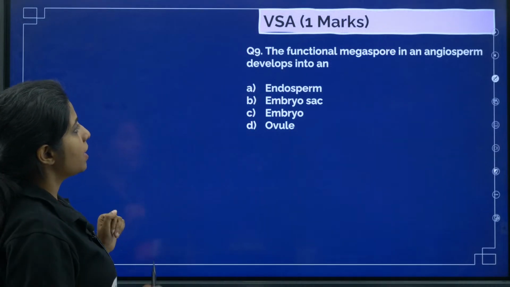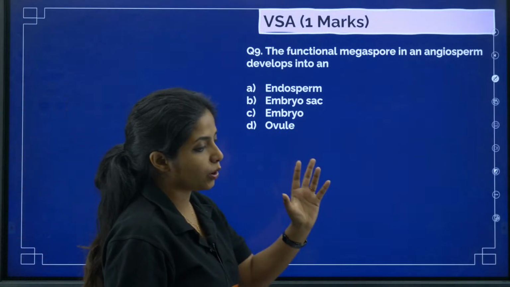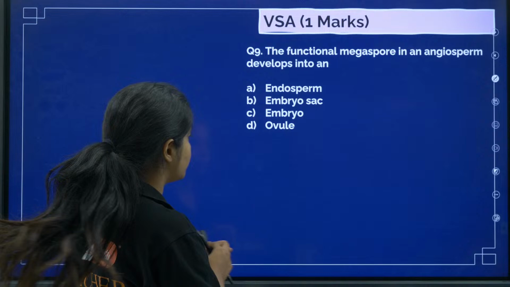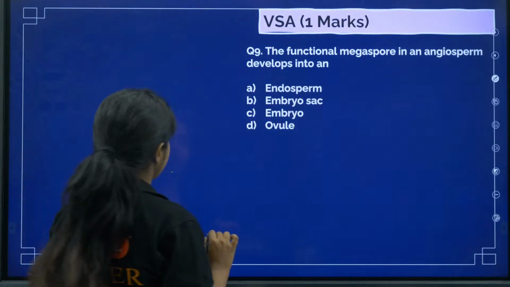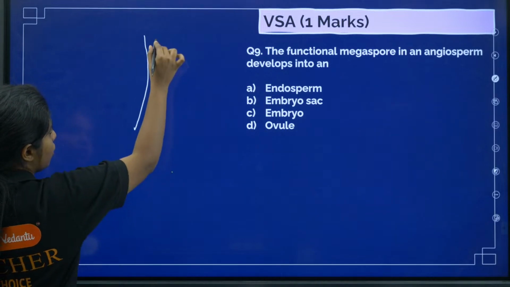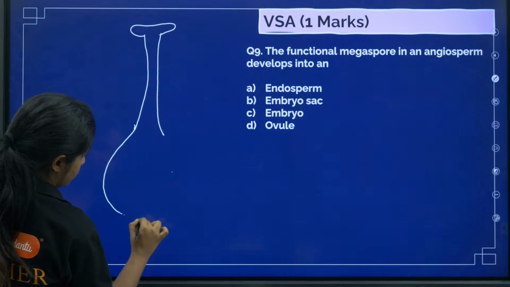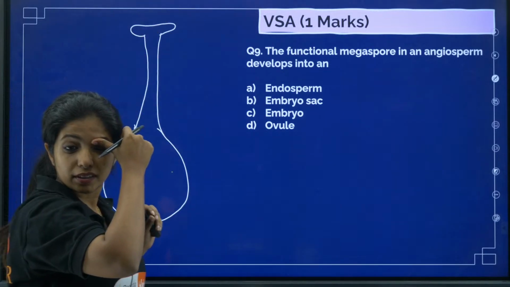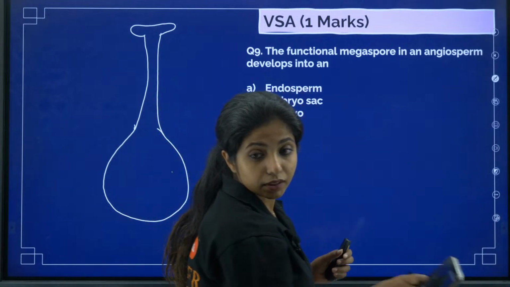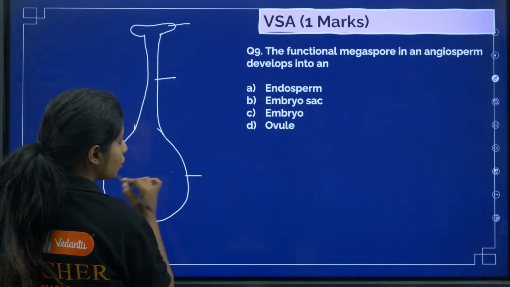Now, next, the functional megaspore in an angiosperm develops into what? Any guesses? So, in the case of the female gynoecium, here you have stigma, here you have style, and this is the ovary.